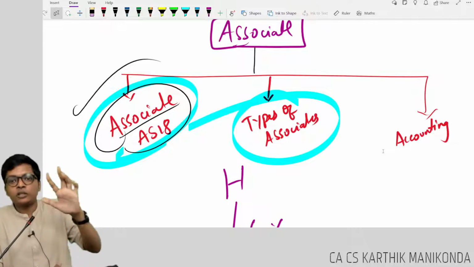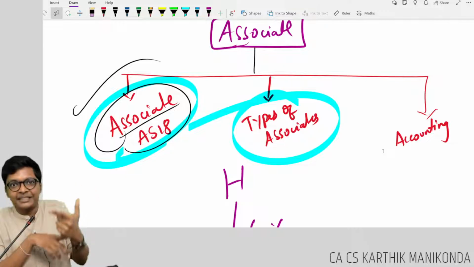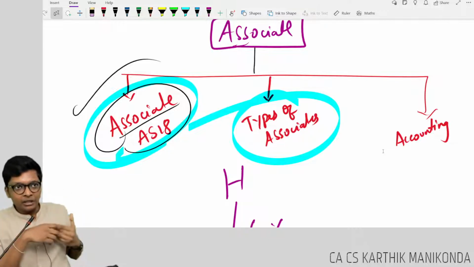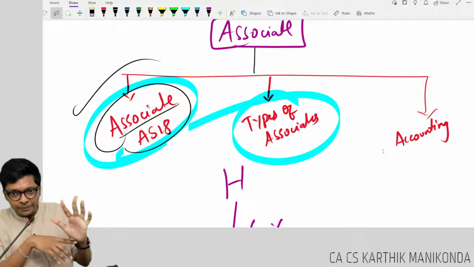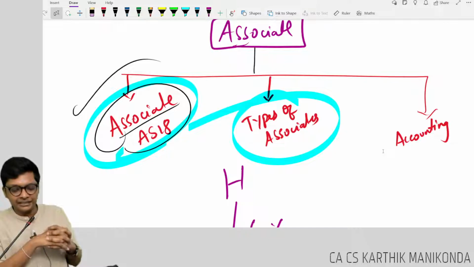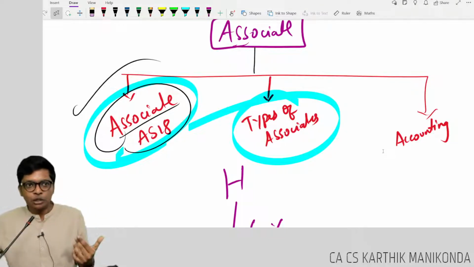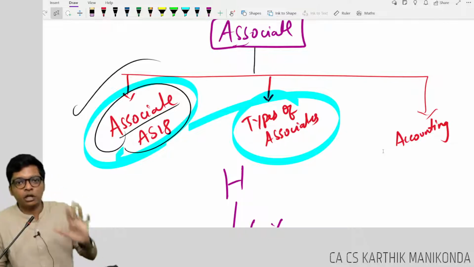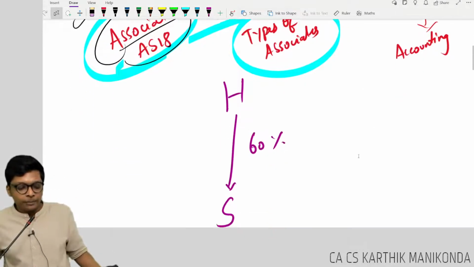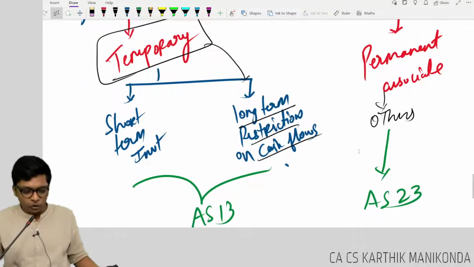But the opposite is possible. Even if I have more than 20, not an associate. Less than 20 can still be an associate. Consolidation will not be done for an associate separately; I should have it along with a subsidiary. Are you following, guys? Types of associate, temporary and permanent. Temporary is short-term or long-term restrictions on cash flow. Temporary, you use AS 13. Permanent only AS 23. Are you following, guys?